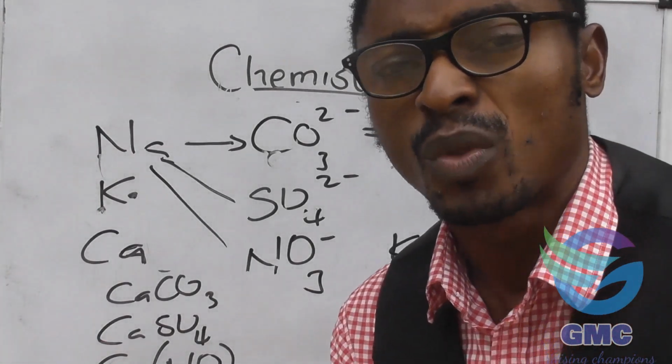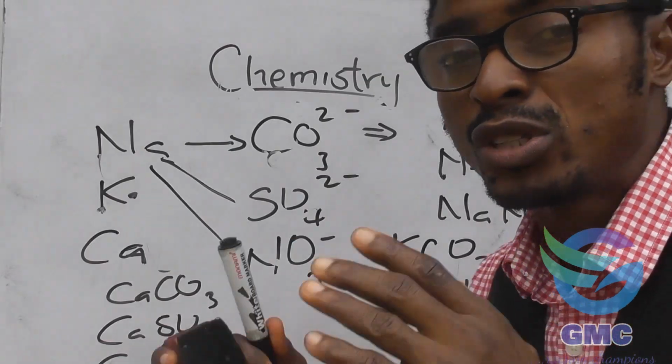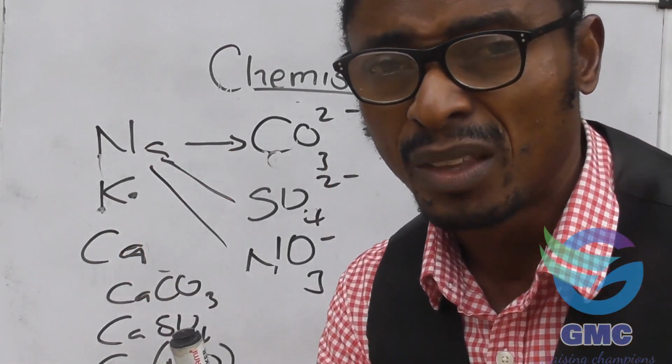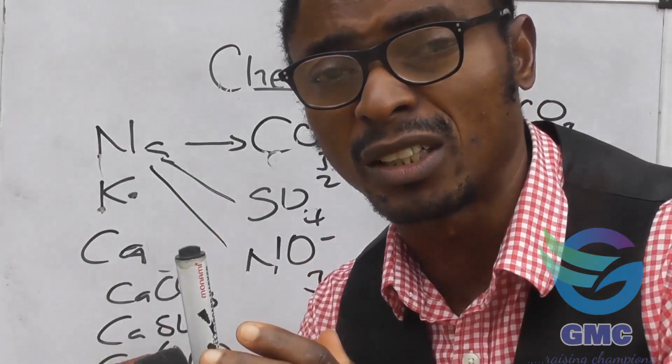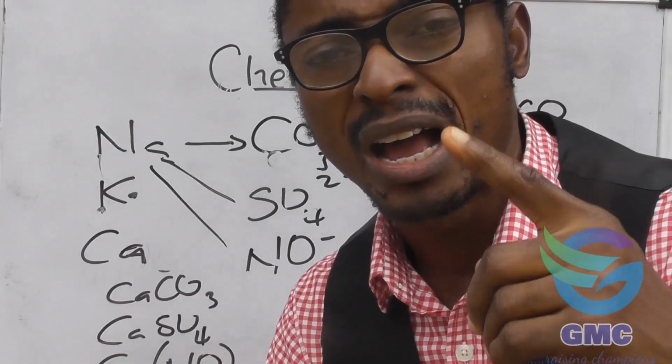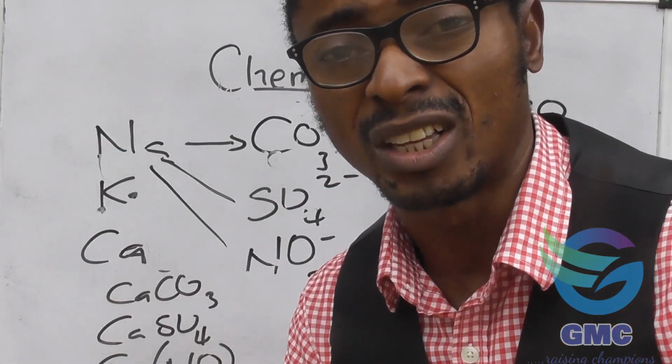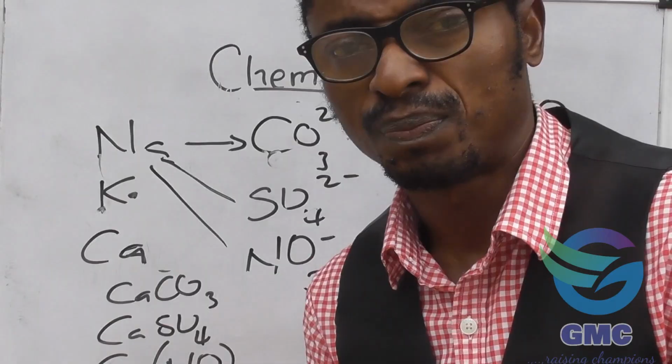I will recap. When you see a metal combined with a non-metal or a negative radical, sulfate, chloride, carbonate, etc., what you have is a salt.